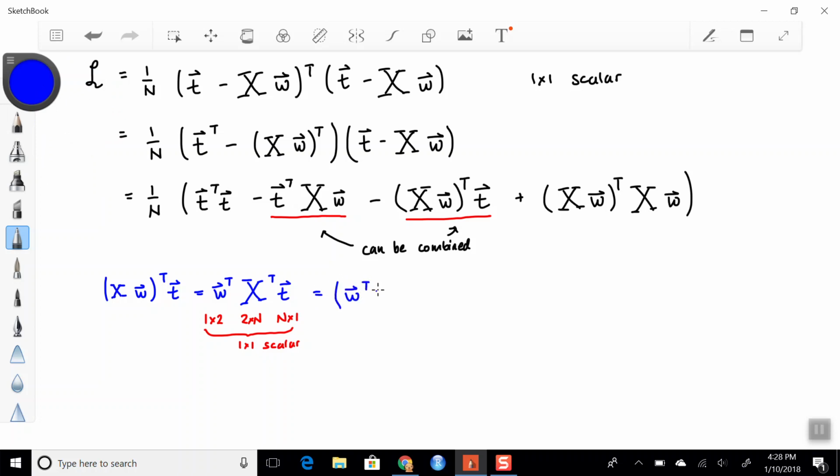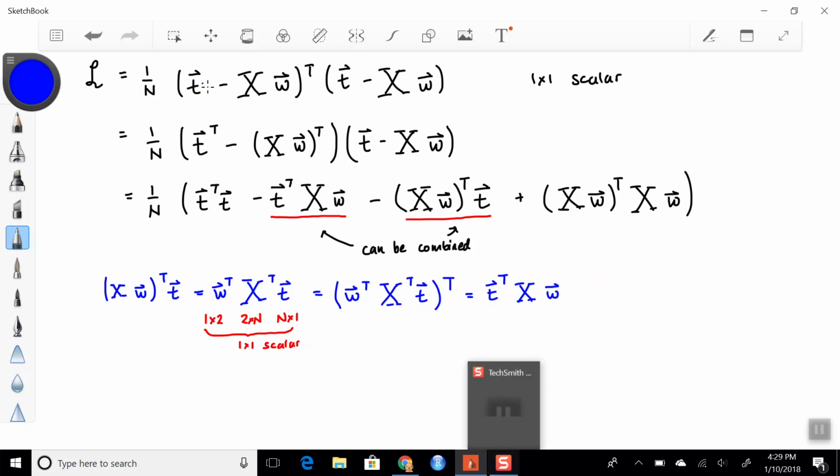I can just take this whole thing and transpose the whole thing. Which, applying the transpose rules, becomes T transpose X and W. Okay, and that combines with that.